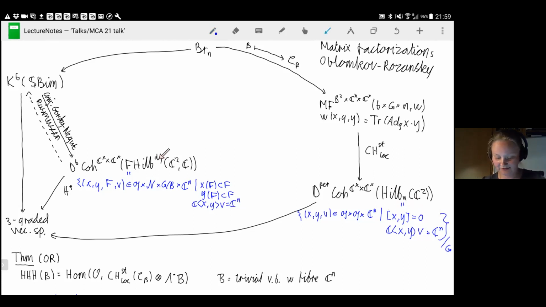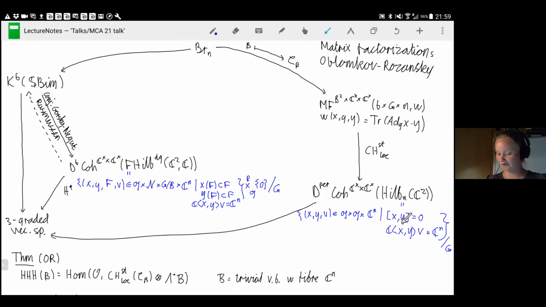But this is where the DG stuff comes in, because this is a really nasty space if I just do that. The canonical way of dealing with really nasty things of this form is you take what's called a derived fiber product. This is just a fancy way to impose this condition.